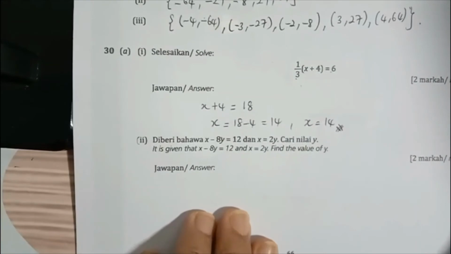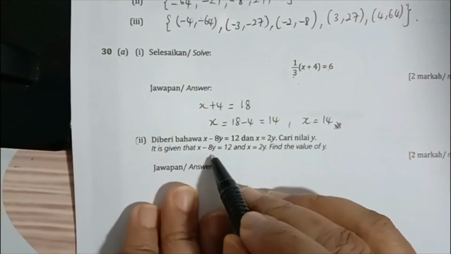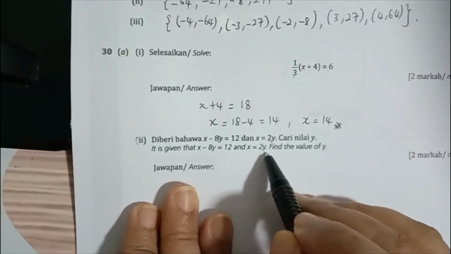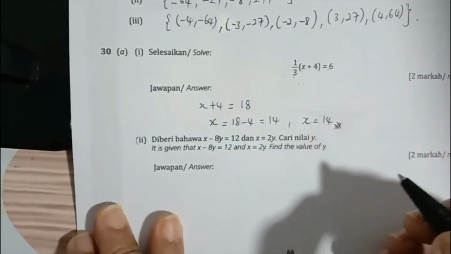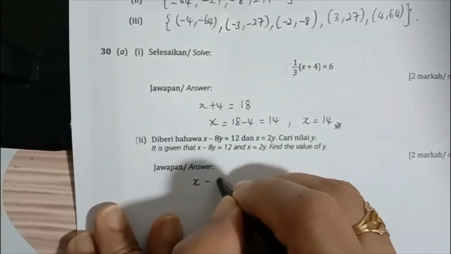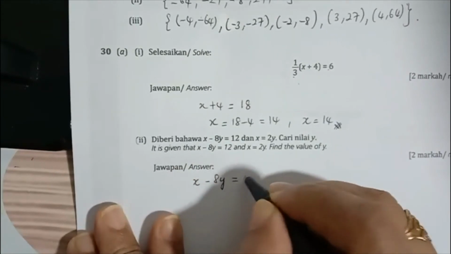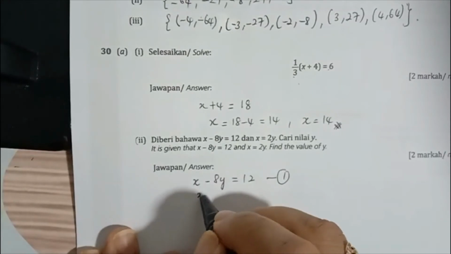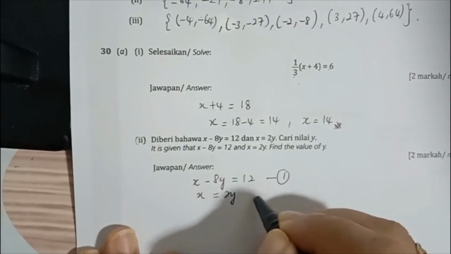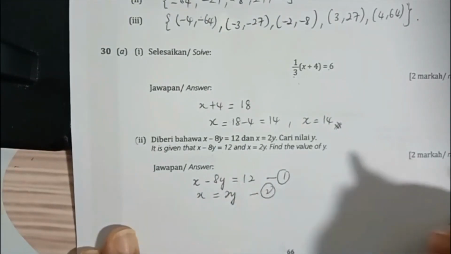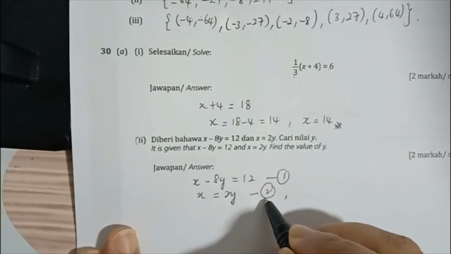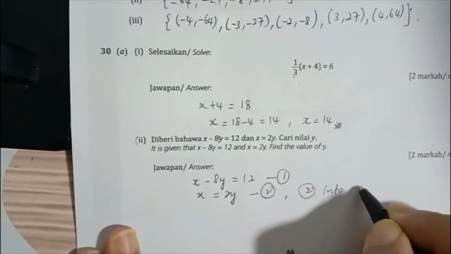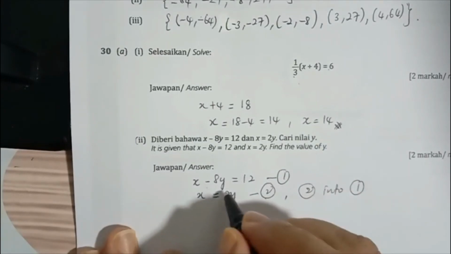Okay, part 2. It is given that x minus 8y equals 12 and x equals to 2y. Find the value of y. So x minus 8y equals to 12, this one you can put as 1. x equals to 2y, this one is 2. So what you do, substitute 2 into 1.